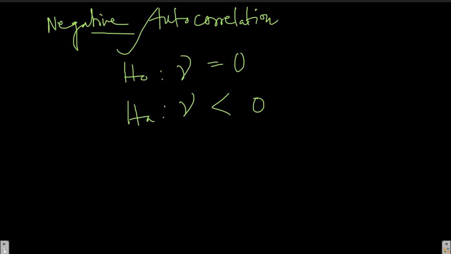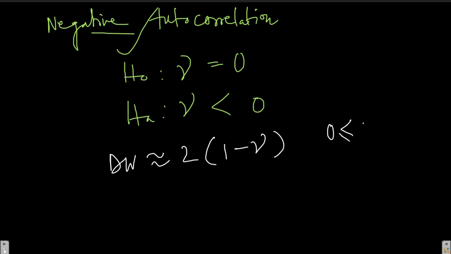Now again we write down the formula for the Durbin-Watson statistic and gamma relationship. So DW is equal to 2 into 1 minus gamma, right? Now let's fit some values. The value of gamma will vary such that gamma is going to be greater than minus 1 and less than 0.